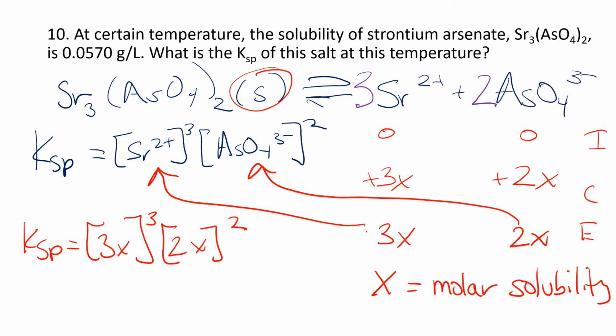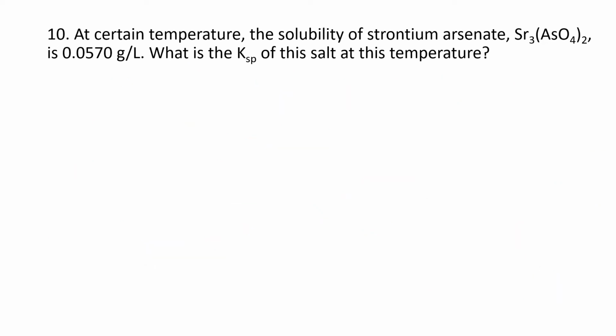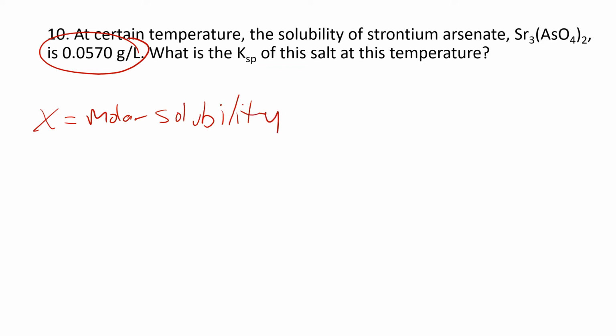Let's figure out what x is so we can plug those values in and solve for the overall Ksp. Let's look at the value they gave us, 0.057 grams per liter. Molar solubility is in moles per liter, and they gave us grams per liter. So we just need to convert grams per liter into moles.